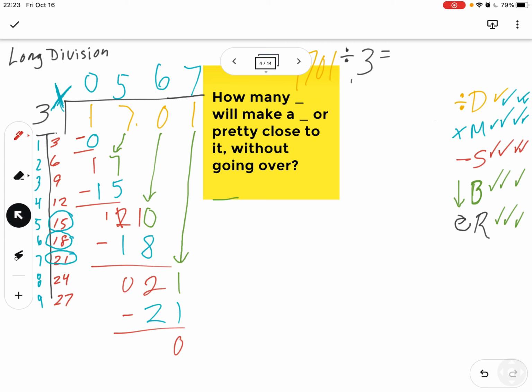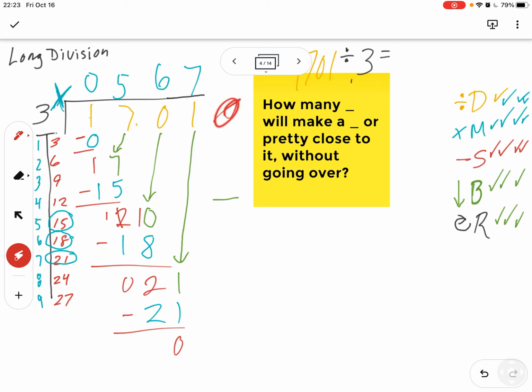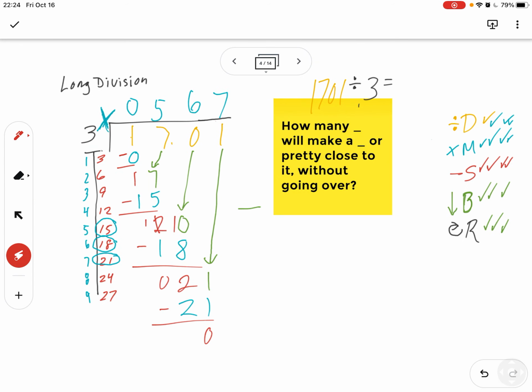Next step is to bring down the next number. I have nothing else to bring down. There's nothing over here. My remainder is a 0. Okay, so at this point I am done multiplying. I am done dividing. My quotient is going to be 567.